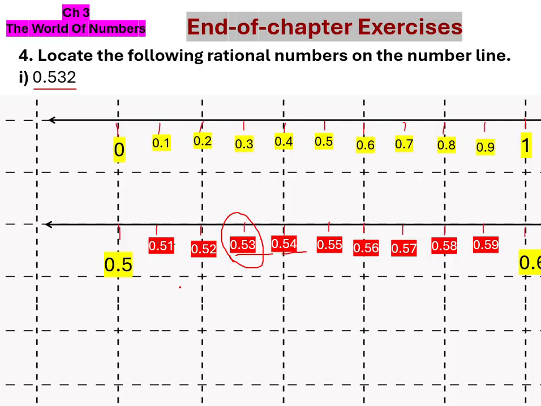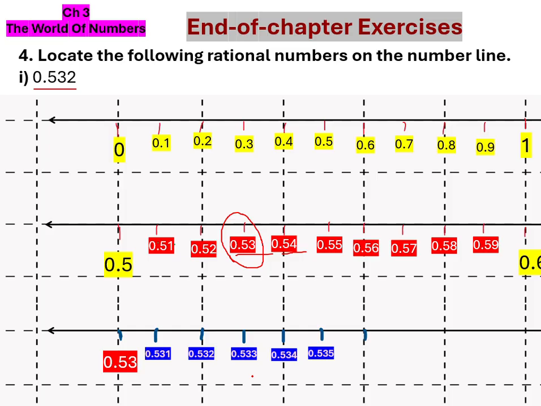So again, represent numbers from 0.53 to 0.54 on a number line: 0.53, 0.531, 0.532, 0.533, 0.534, 0.535, 0.536, 0.537, 0.538, 0.539, finally 0.54. What we want to represent is 0.532.